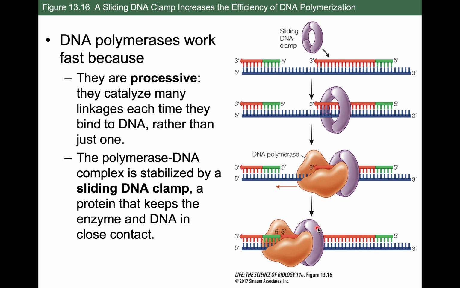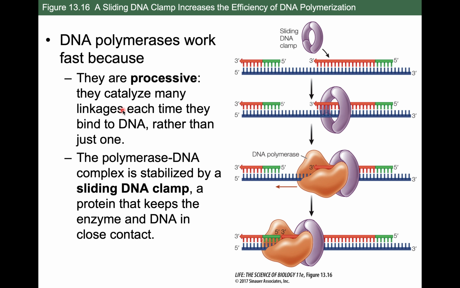And so you see all these enzymes coming and going, and it might seem like, gosh, it's going to take 10 years to replicate the 3 billion nucleotides in our genome, but it actually happens amazingly quickly, and in part that's because DNA polymerases are what are called processive, meaning they can catalyze a lot of linkages every time they bind to DNA.